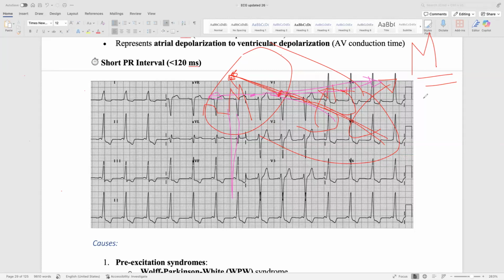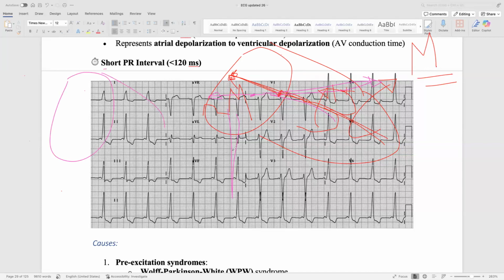Okay. And WPW syndrome, we said, guys, I hope there is an image here. Yes. This is WPW syndrome. The most common is the accessory muscle from the left atrium to the left ventricle, the bundle of Kent.